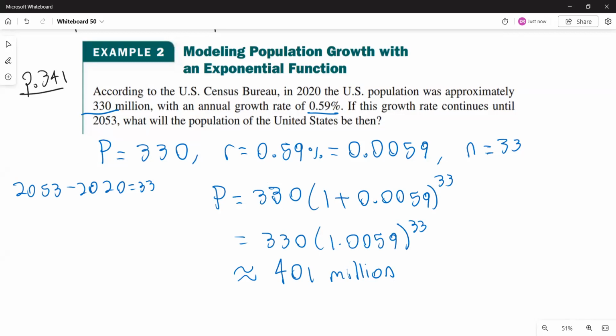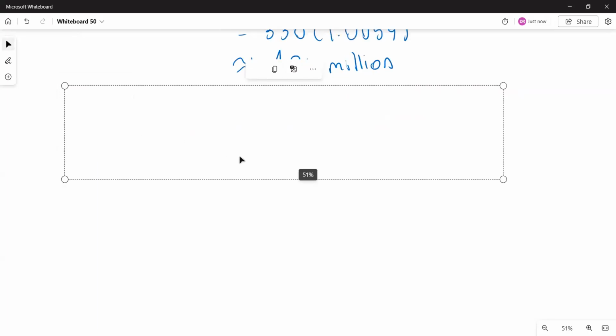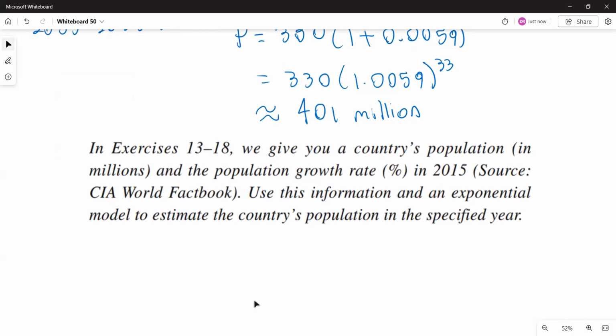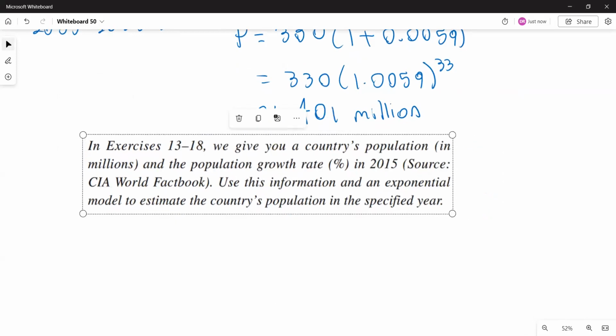Okay, so we're doing number 15. I'll copy that. Those are the directions, and I'm doing number 15.